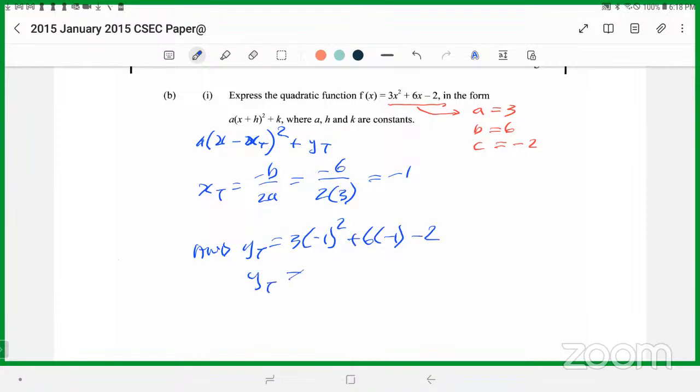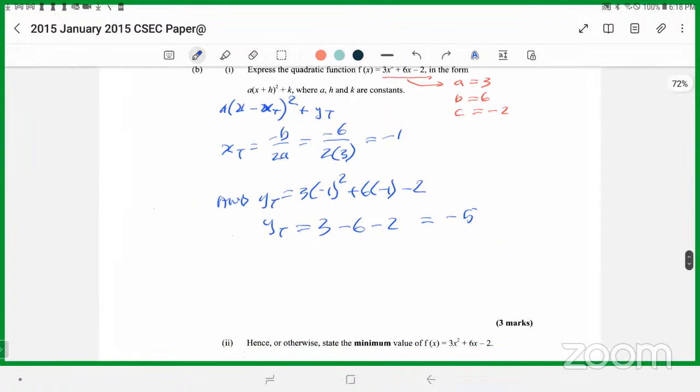Now this is going to become 3. It's going to become negative 6 and negative 2. That's negative 8. 3 minus 8 is negative 5. So negative 5 is the value coming here for the yt.